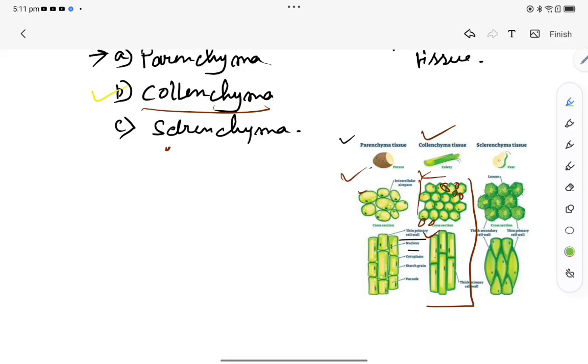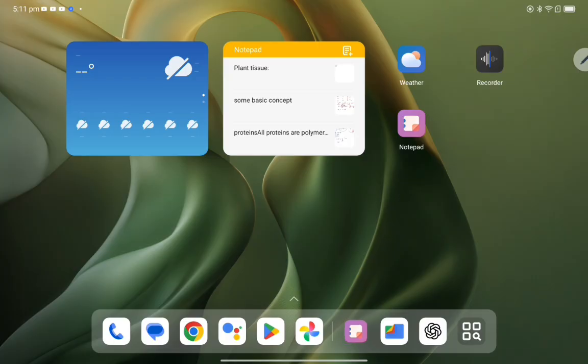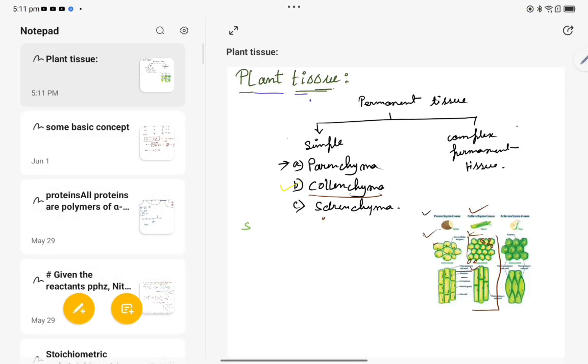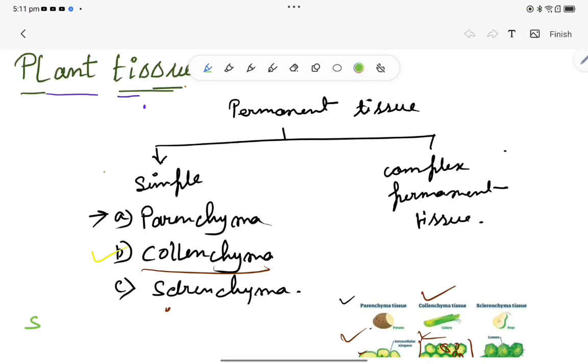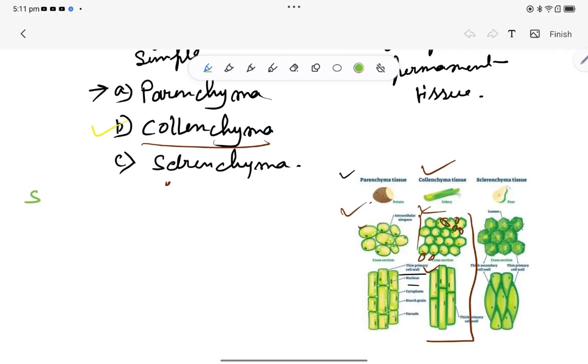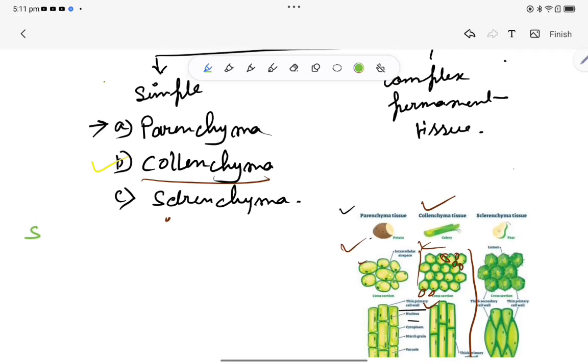So next we are going to talk about Sclerenchyma. They are dead cells basically, right?